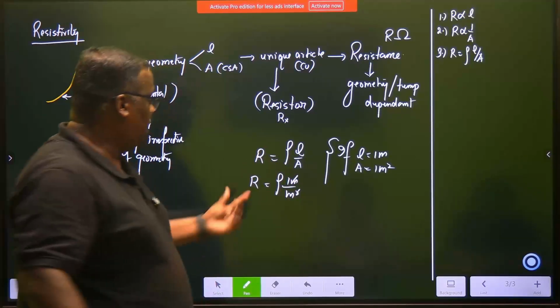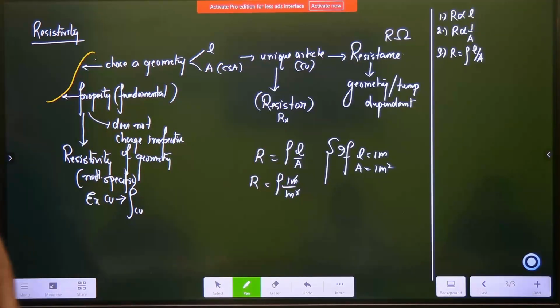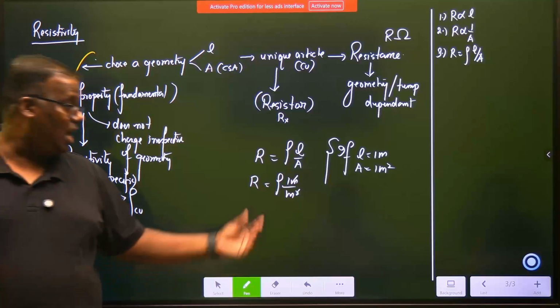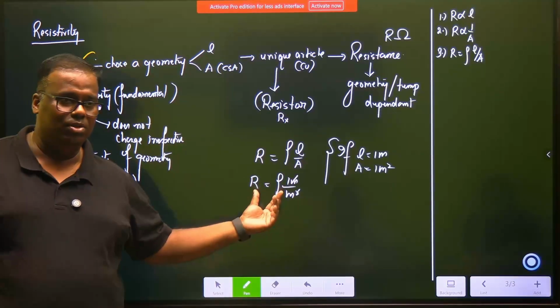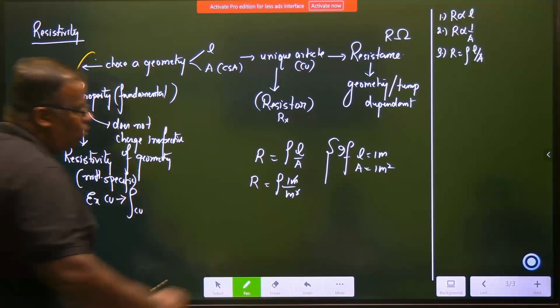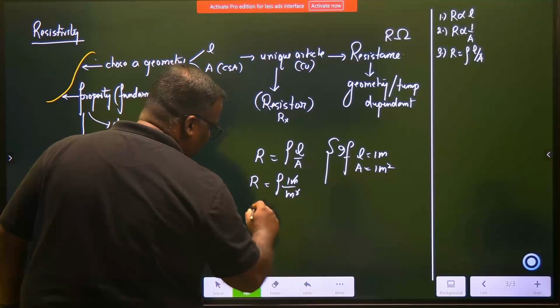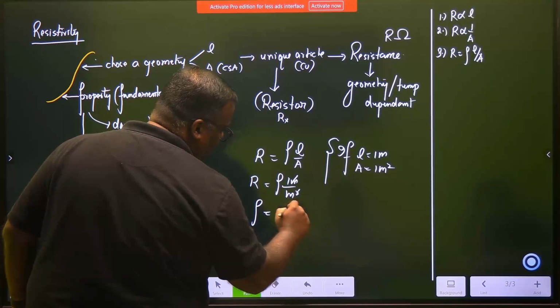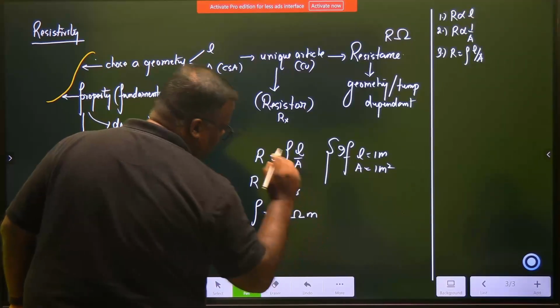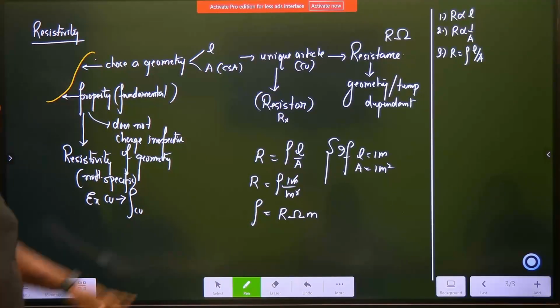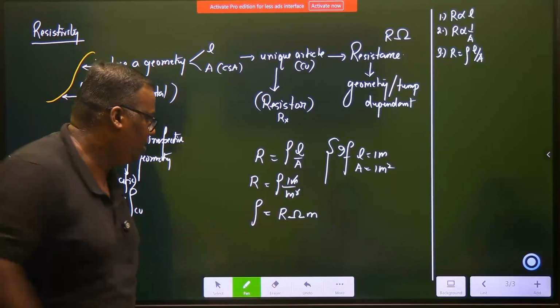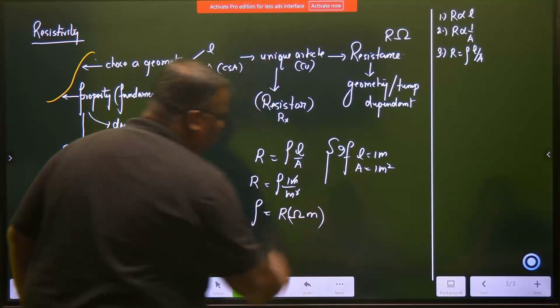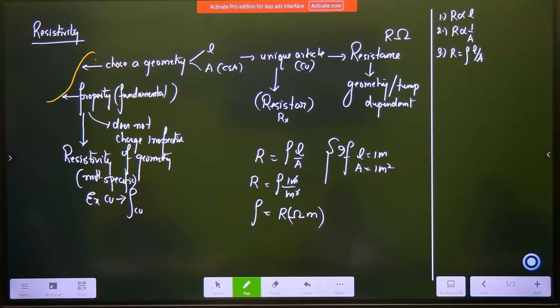But at that time, R and rho are sharing the same value, right? So you can write rho is equal to R. The unit of R is ohm, and this is meter, so rho has the unit ohm meter. Now, are we in a position to define resistivity?